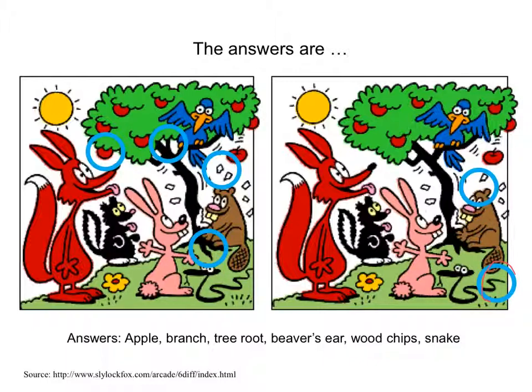There's a circle that indicates that the length of the snake's tail is a lot shorter here than it is in this picture. That's another difference. And right here, this circle represents that this chipmunk is missing an ear. There should be an ear right here, and you can see that ear in this picture right here. So those are the 6 differences. Hope you got them right.